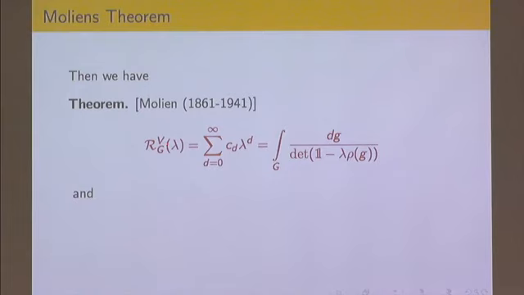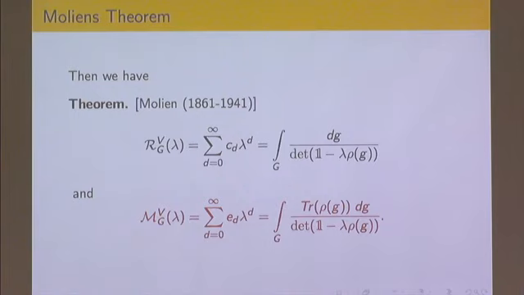And the surprising thing is that this is equal to the integral on the right-hand side. I take the determinant of 1 minus lambda times my rho of g, and integrate over g with respect to Haar measure, and I get a representation of this series. So if I can compute this integral, I get all these dimensions somehow out of this.